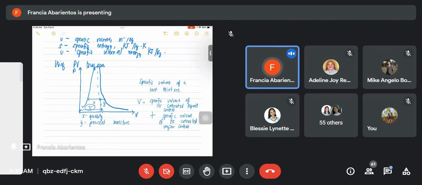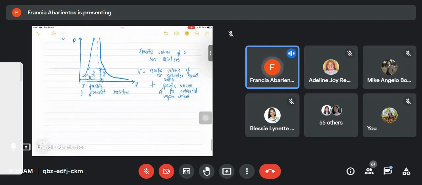So, para mas maintindihan, from the figure, we can now use the general formula. You know? So, we have now the specific volume of that certain point from here to here. Okay, dito yan yung specific volume natin.